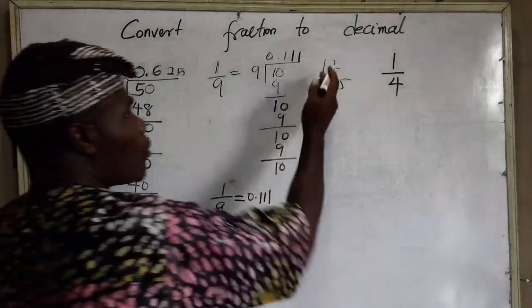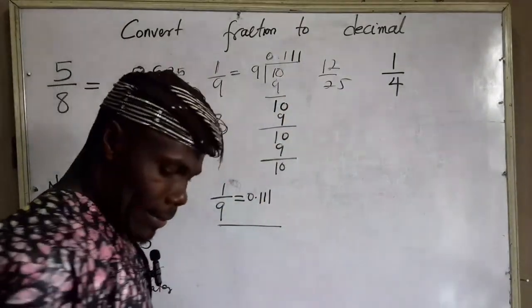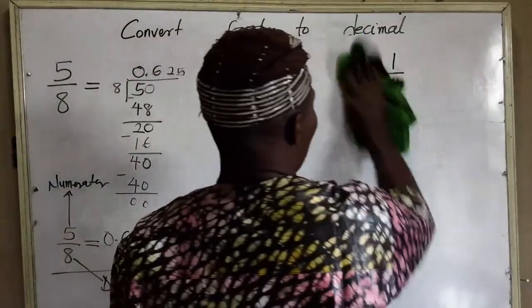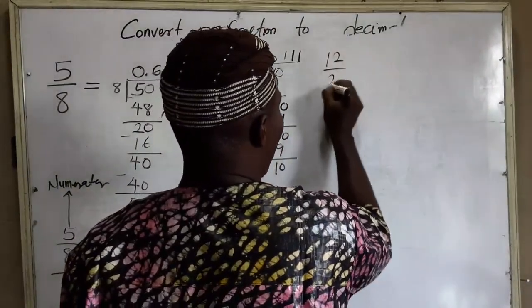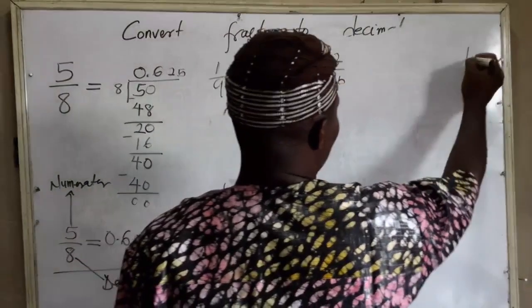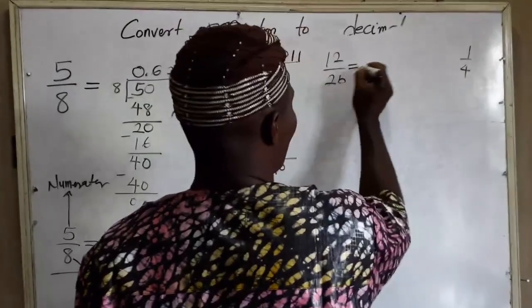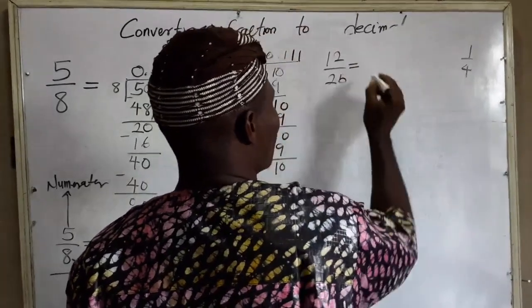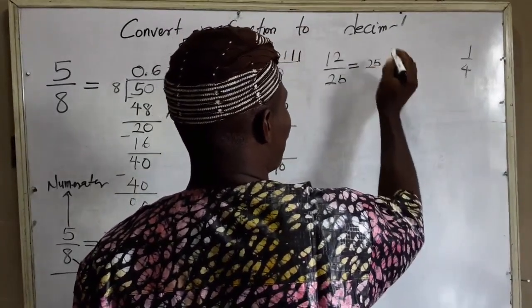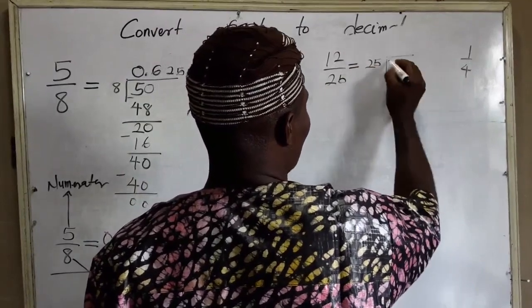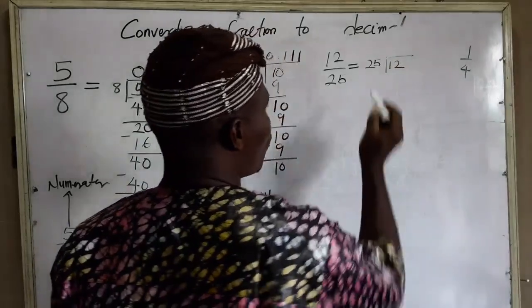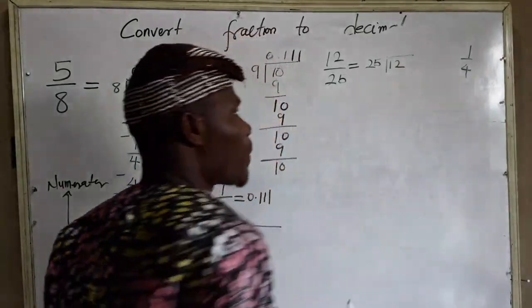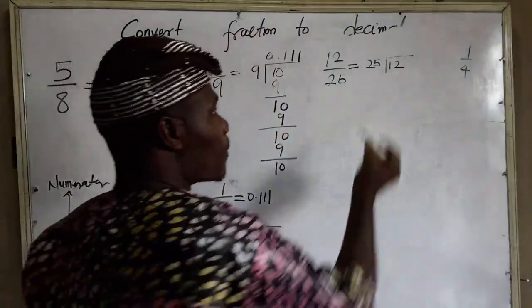So let's also do 12 over 25. In 12 over 25, you write 25 and you write 12. 25 dividing 12 is not possible.